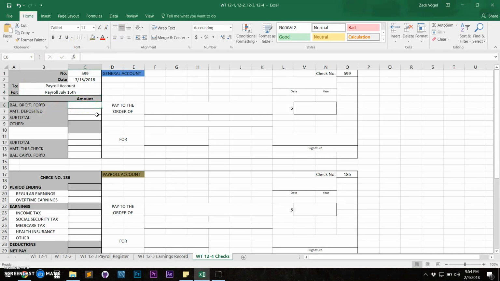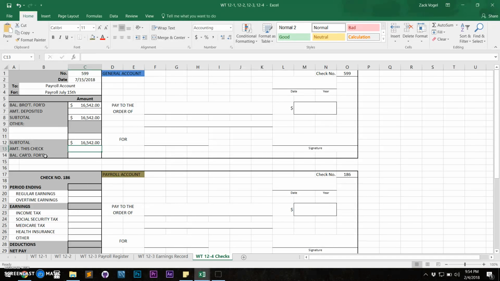And our balance brought forth, which I can look in the book, is $16,542. There's no amount deposited or anything like that, so I can bring my subtotal down. This is a pretty straightforward check here. No other expenses, so again, just bring the subtotal down.